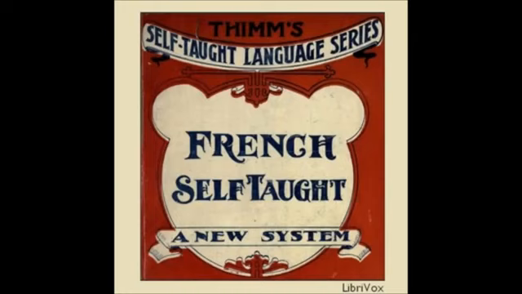Sooner or later. Tôt ou tard. What does it signify? Qu'importe. Are we going anywhere? Allons-nous quelque part? Ever so little. Tant soit peu. Nor I neither. Ni moi non plus.